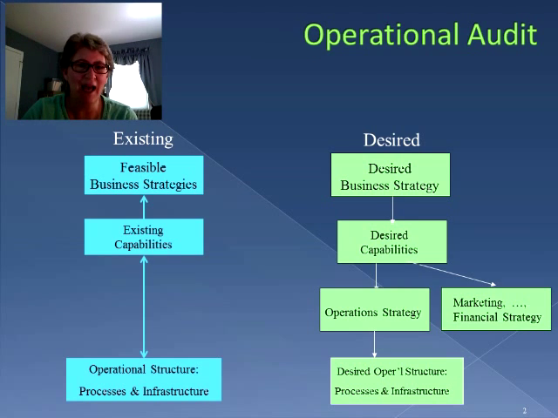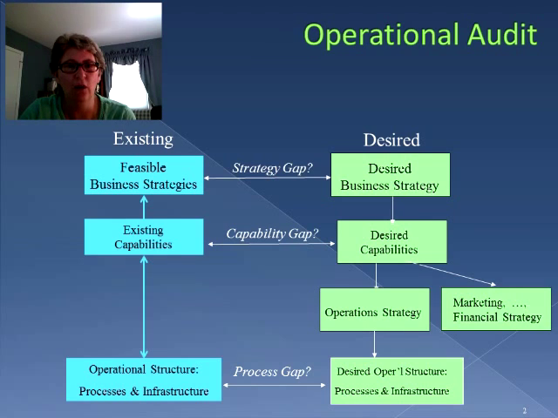If we already have an assembly line set up, then suddenly trying to make a very customizable product is not exactly feasible. On the other side, if we have a job shop structure, suddenly trying to be a low-cost, high-volume provider might be very, very difficult. So what we need to do is take a look at our existing strategies as well as our desired strategies and see where the gaps are.